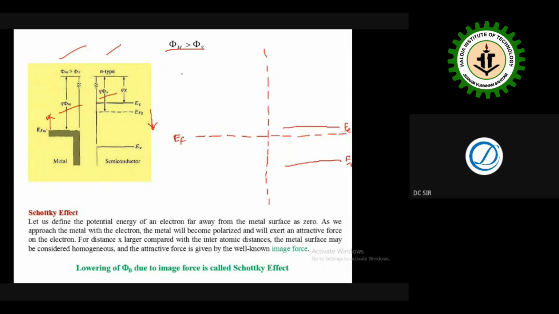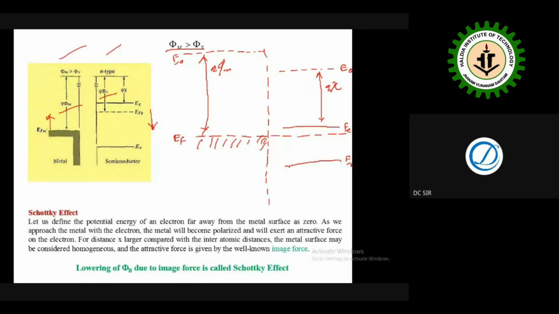The vacuum level for the metal is above, which is filled, whereas the vacuum level at the semiconductor side is above the EC, that is q chi.